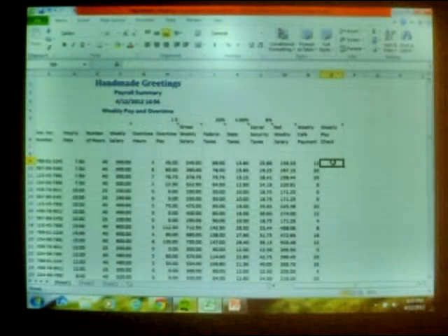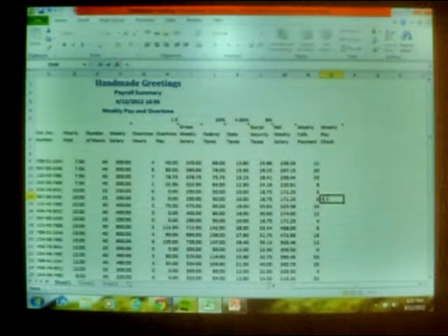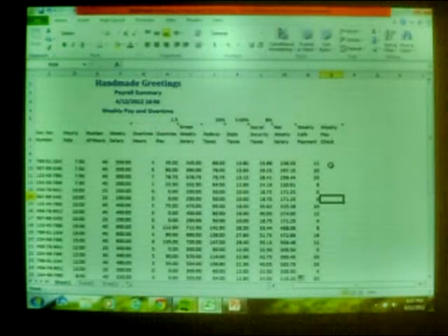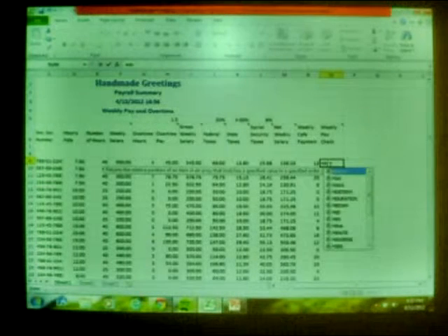Okay, but now our employees have a weekly cafeteria bill, so we need to subtract that. So the formula is equal M9 minus N9.